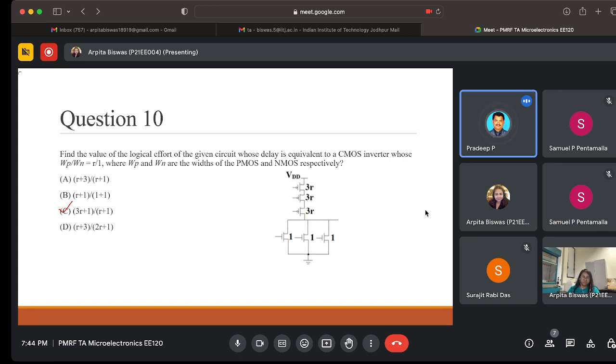Can you explain again? PMOS is 3R and NMOS is 1, so 3R plus 1 by R plus 1 is with respect to the inverter.